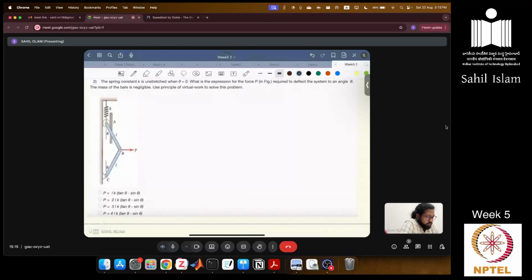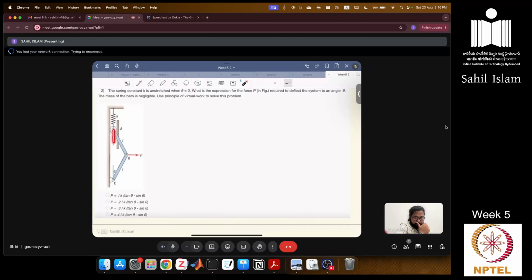Okay, let's do the next question. The spring constant K, so there is a spring like this, is unstretched when theta equals 0. So when it is like this, and this rod AB is like this, then if theta equals 0, it is unstretched.